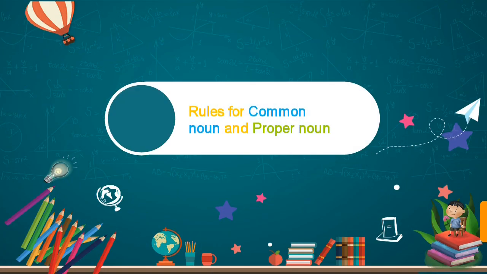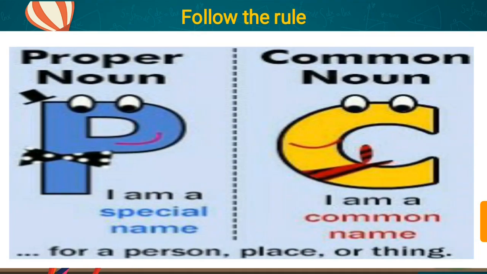Now you all know that nouns are the names of a person, place, animal, or a thing. First of all, for a while, we'll peek into an age-old concept about the difference between the proper noun and the common noun.